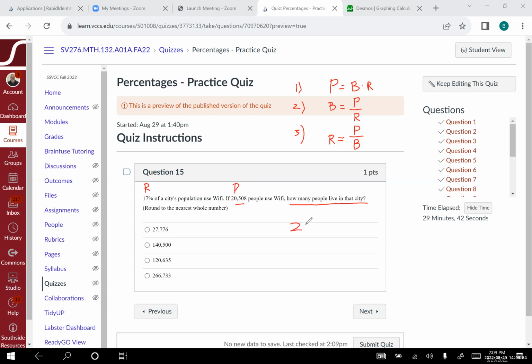So we put the part, we use that formula number 2 up there, and we take the part and divide it by the rate written as a decimal, 0.17. $120,635. Perfect. Well, round up the whole number, so 126.35. Very good.